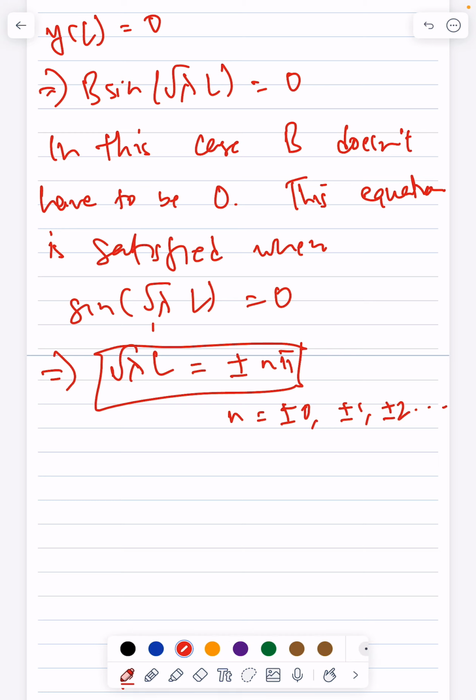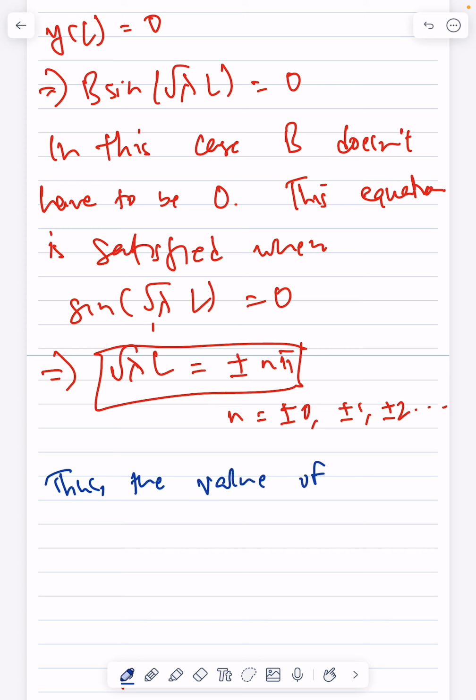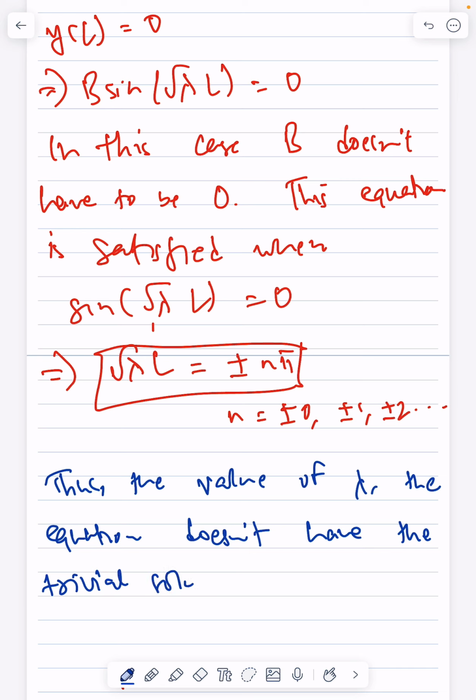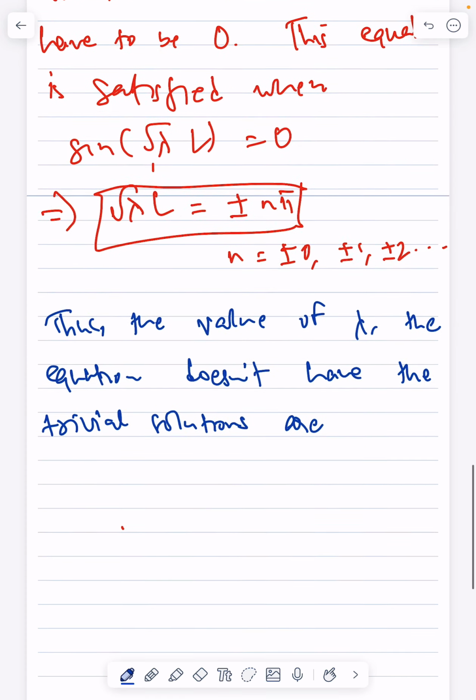So what's our conclusion? The conclusion is, what are the possible values of lambda for which the equation does not have a trivial solution?